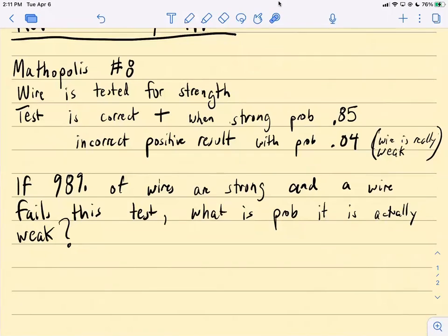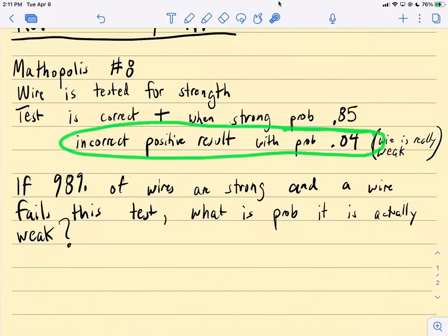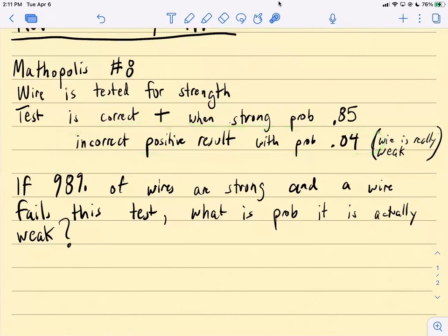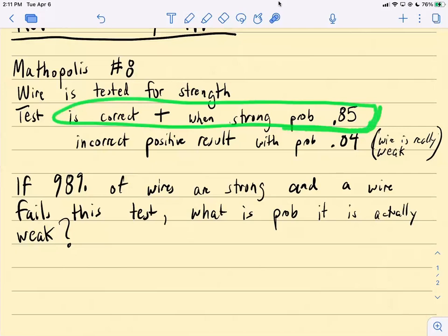So just looking at this test really quickly, this test will identify a weak wire with a 96% chance of accuracy. Right? If your wire is weak, the test will probably identify it correctly. But there's a pretty big problem here, which you can recognize if you do enough of these problems: the chance that it identifies a strong wire as being weak is actually pretty high. It's a 15% chance.